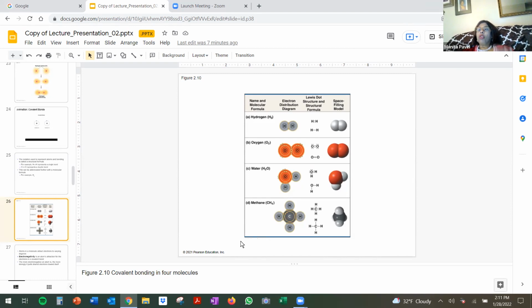What was the atomic number of carbon? 6. So electronic configuration: the first orbital can hold 2 electrons, 6 minus 2, 4. Is the carbon atom stable? No, it's unstable. What can carbon do to become stable?